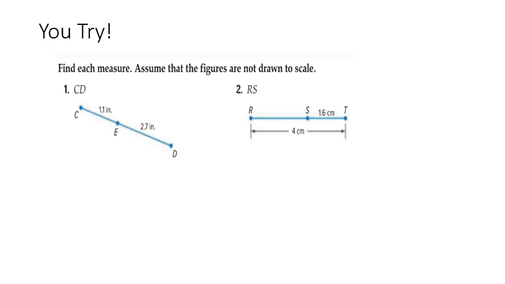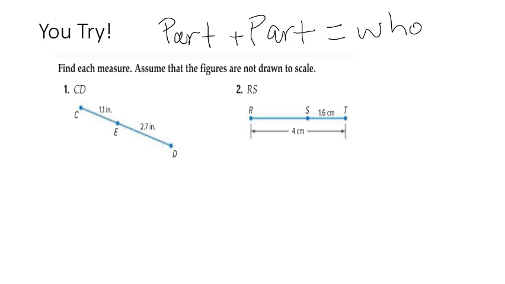Now let's take a break. You try these, and we'll come back. Remember, you have to set up part plus part equals whole for each statement. So here, for the first problem, we want CD. That's the whole.